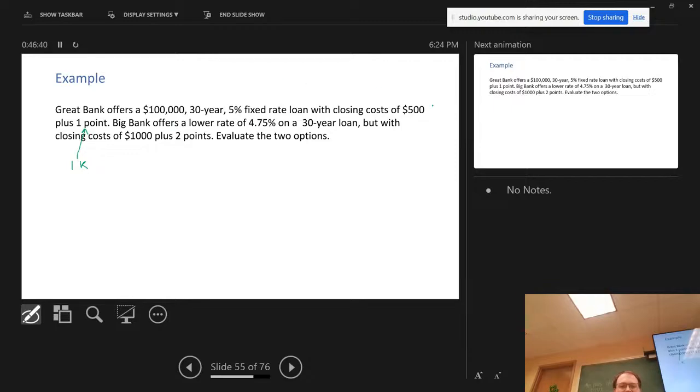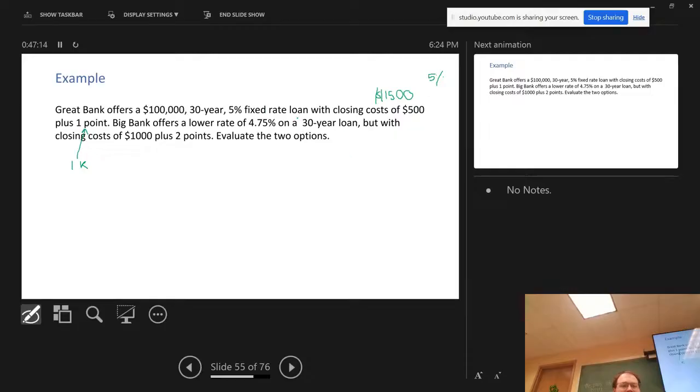So in other words, you're going to be giving them $1,500 in cash right up front. So you can pay $1,500 and pay 5% interest for 30 years.